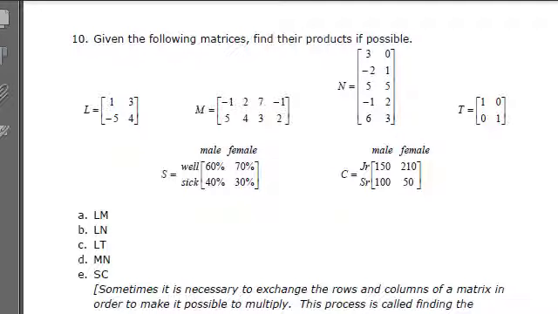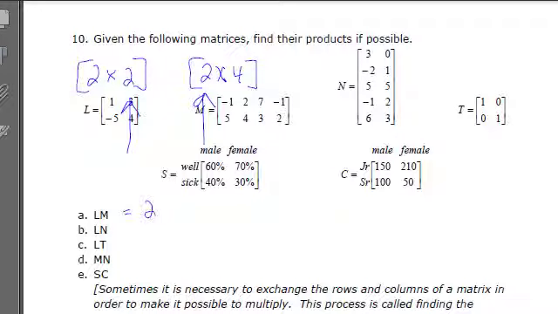Well, we have a 2 by 2 and a 2 by 4. I did tell you that as long as the inner numbers are the same, you can move forward multiplying. Are the inner numbers the same? Yes. So that means our answer would be a 2 by 4 matrix.